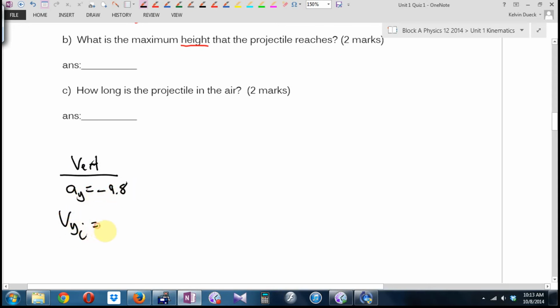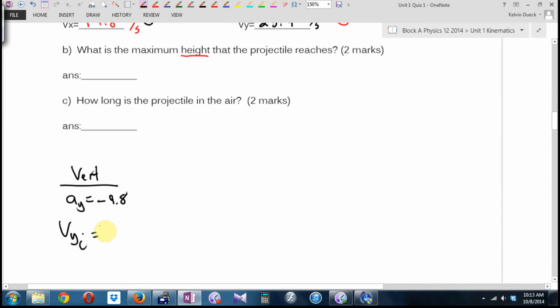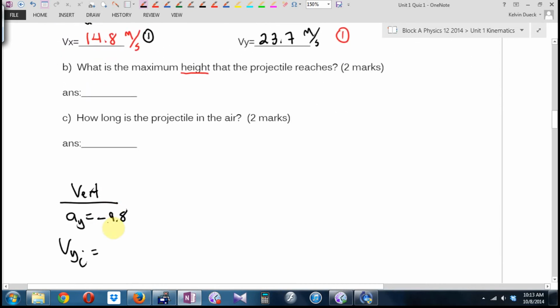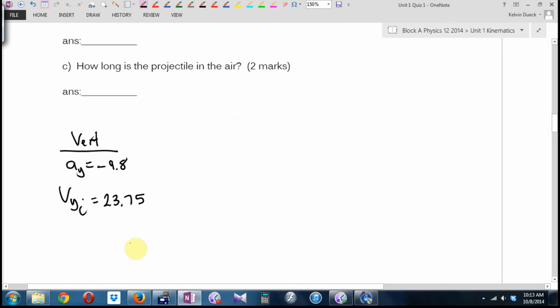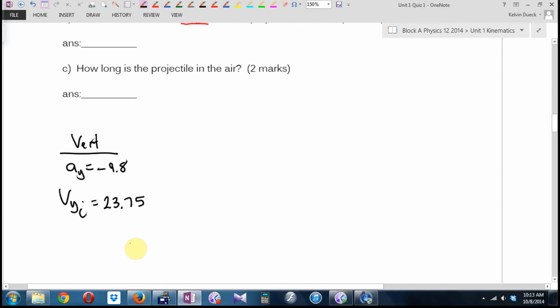VY initial was 23.75. That's not enough. Oh! I know something else when I'm at the top. VY final is 0. And this time they want me to find DY.